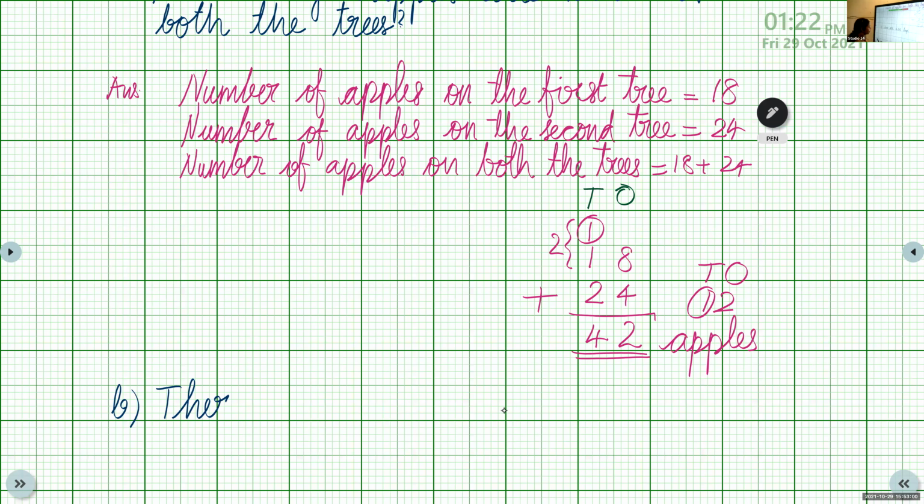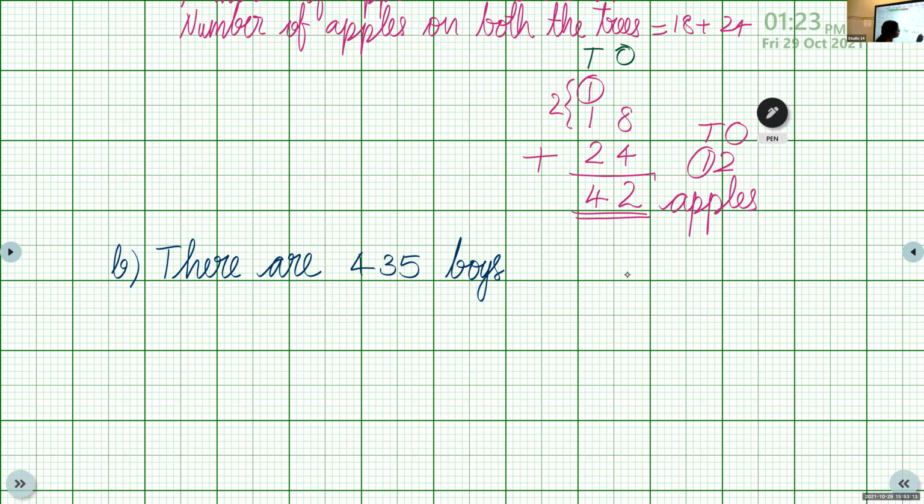After writing the question, I will give you time. So you can continue that much time. There are 435 boys and 340 girls in a school.